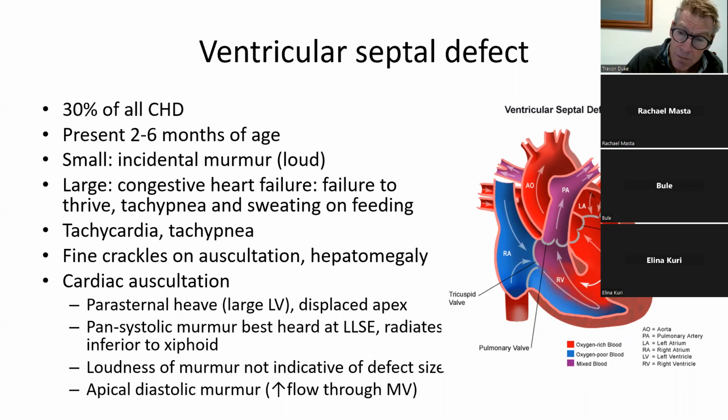Some of the blood leaving the left ventricle obviously has to go out the aorta, but a lot of it goes across the ventricular septal defect into the right ventricle, through the pulmonary arteries and the lungs, and then back through the pulmonary veins into the left atrium and back to the left ventricle again without going systemically.